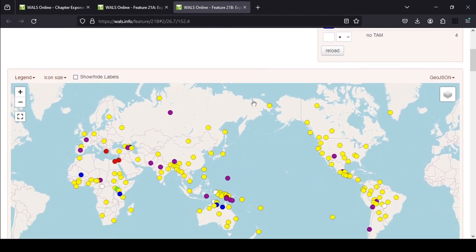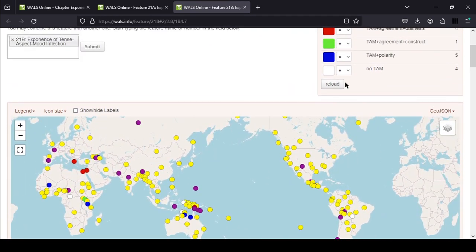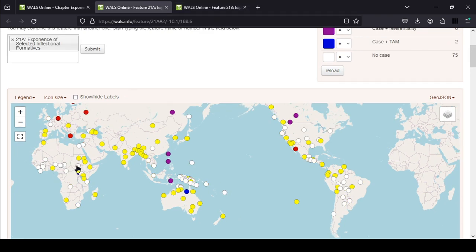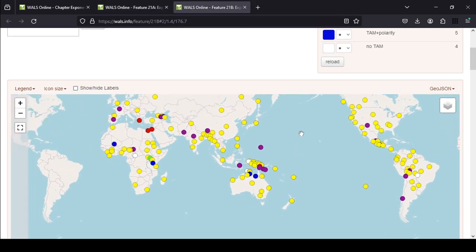Now, that makes a lot more sense, because I thought it was really weird that there were a lot of languages with no TAM, because that goes against what we read last time, where having suffixes was extremely common. I feel like the thing that suffixes most do is either case or, yeah. So I was a little surprised to see all these white spots, but now it makes sense, because if something has a suffix, that suffix is most likely on a verb.